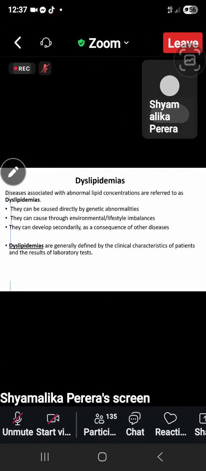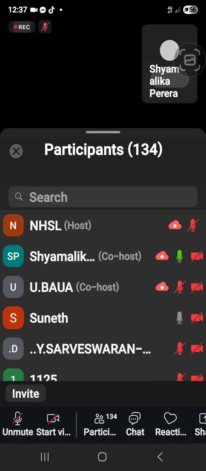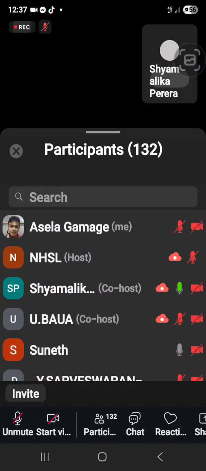End up with dyslipidemias. So dyslipidemias are generally defined by the clinical characteristics of patients and the results of laboratory tests. Mainly, dyslipidemias are categorized based on our laboratory results as well as the clinical symptoms.